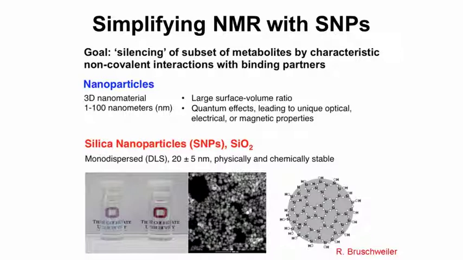Nanoparticles have a large surface to volume ratio. They can be charged or neutral. Silica nanoparticles have a very strong negative charge. They're easily dispersed in water, safe to use, probably not safe to eat, but they can be easily added to an NMR tube and you won't see any ill effects.